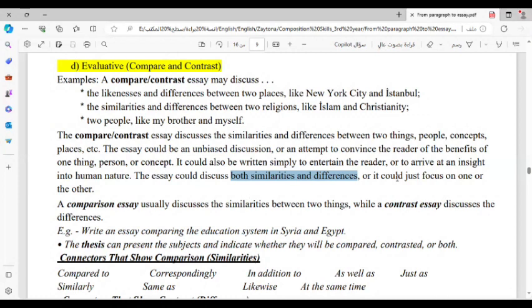Or it could just focus on one or the other. Maybe you will just write a comparison essay, which is similarities, or a contrast essay, which is the differences.